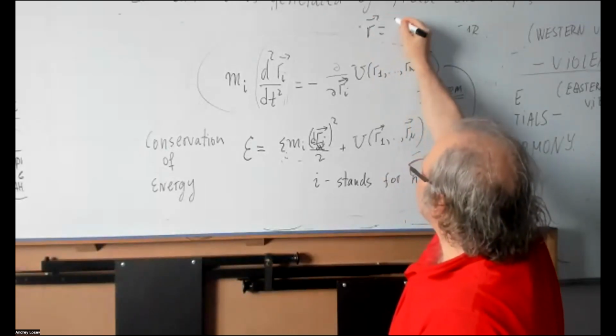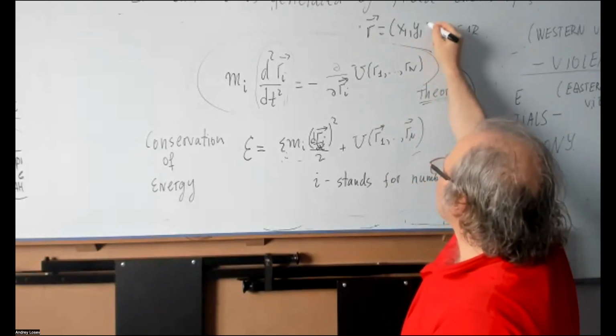So we do not consider the spatial coordinates like x, y, z in this equation. In this equation, R is x, y, z. It's a vector. So your gradient, partial R_i, is a symbol, just a symbol, not like we often use in mathematics, like partial x, partial y, partial z.